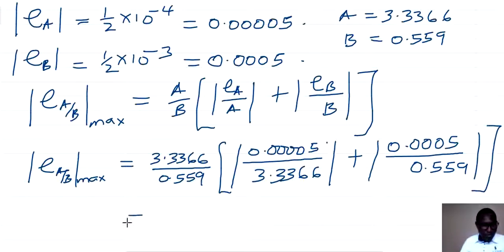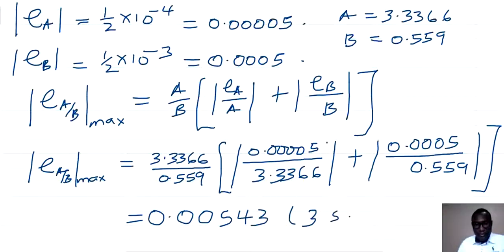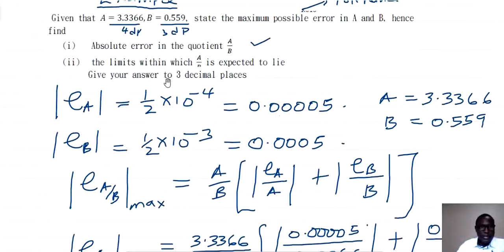So when you pick the calculator and press, you will get 0.00543. Let me write these to 3 significant figures. So we are done getting the absolute error in the quotient A over B.